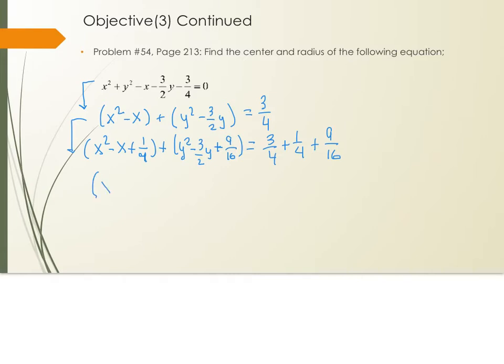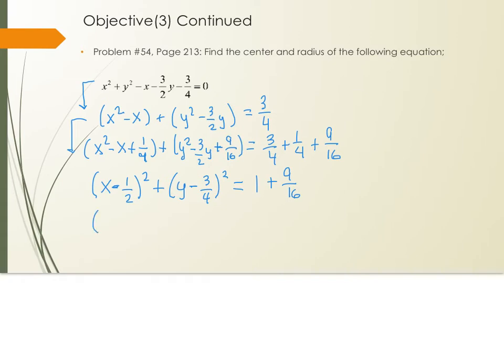So now I have a perfect square. I have (x − 1/2)² + (y − 3/4)² is equal to 1 plus 9/16.